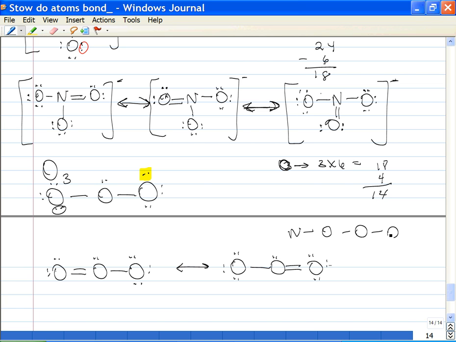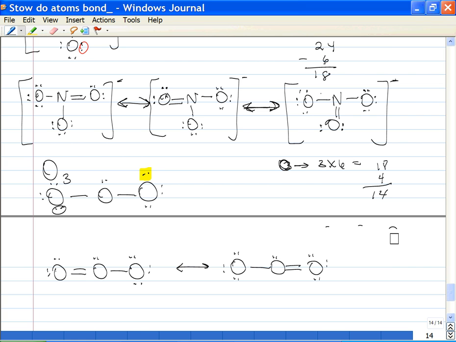Well, we say the most electronegative atom goes in the middle, but sometimes you can't really distinguish. There's going to be more than one viable Lewis structure for a molecule. So we can evaluate that molecule by assigning formal charge to each of the atoms.